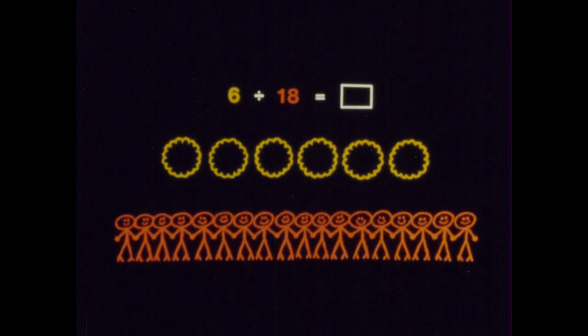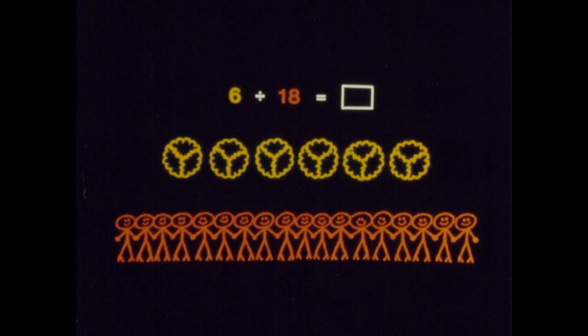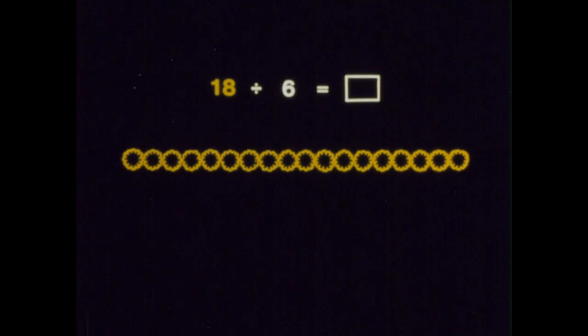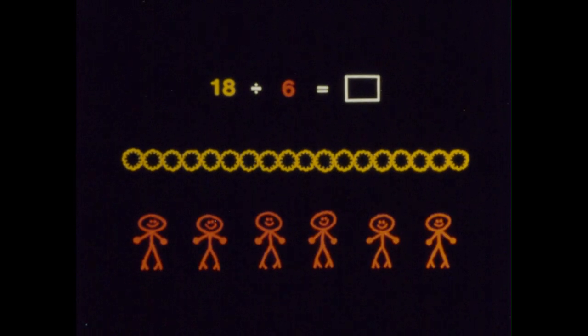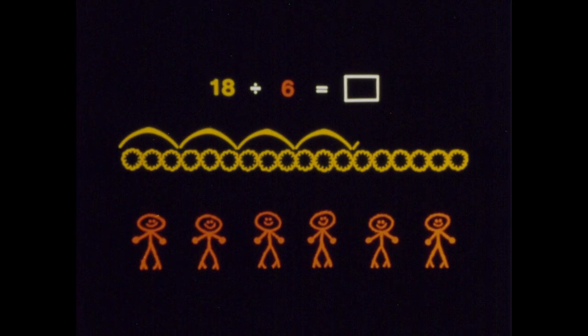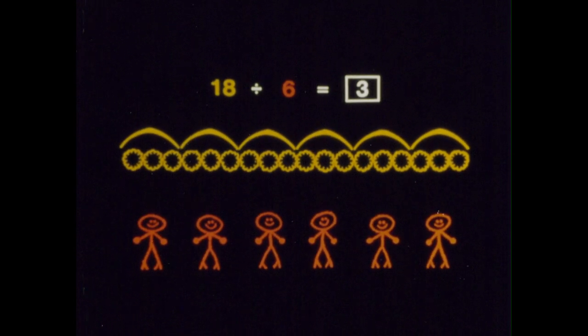Well, if you have 6 cookies and you want to divide them among 18 friends, how many cookies would each friend receive? Each would receive a very small part of 1 cookie. But if you have 18 cookies divided among 6 friends, how many cookies would each receive? 3.